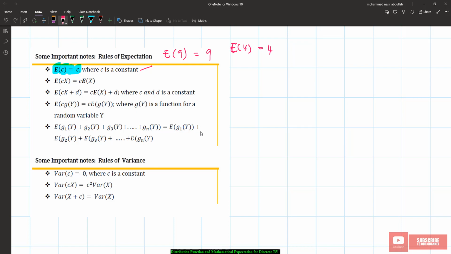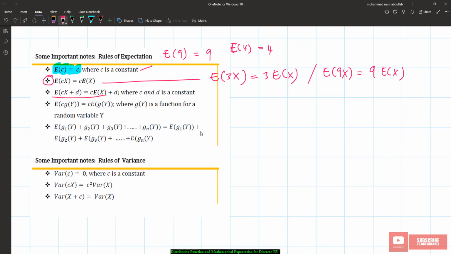Expected of a number should be equal to the number. And then for the second one, E[cX], let's say 3X, should equal 3 E[X]. It means the coefficient we can put in front. So if we have E[9X], it should be equal to 9 multiplied with E[X].